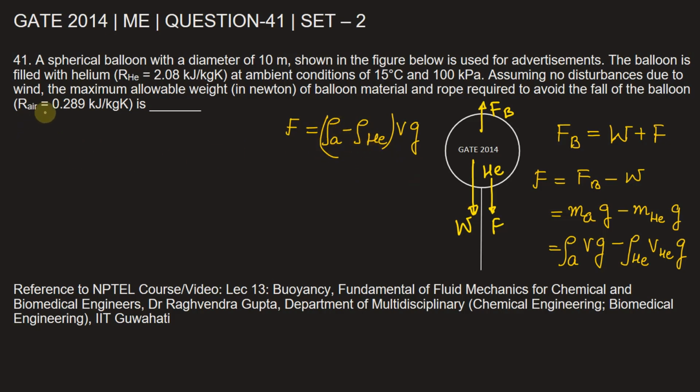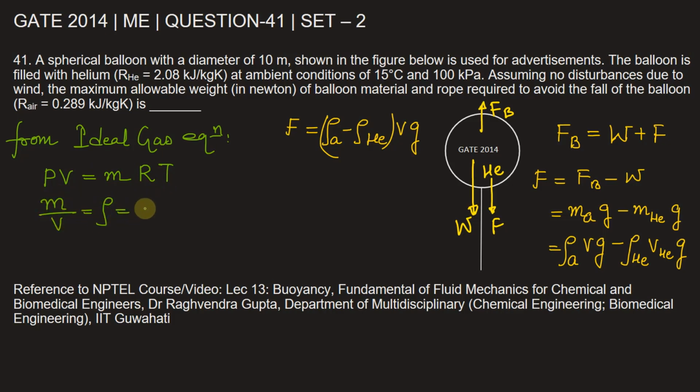So from the ideal gas equation, we know that pressure times volume is equal to mass into gas constant into temperature. So from here we can also write mass by volume, that is density, is equal to P upon RT. Using this equation we can find the density of air, rho A, and the density of helium.